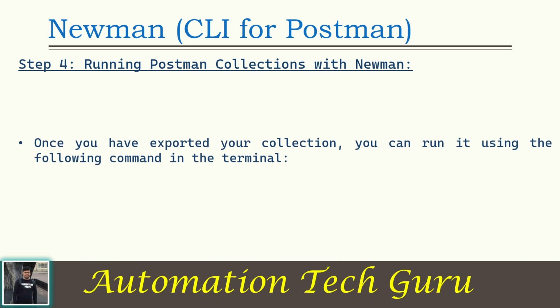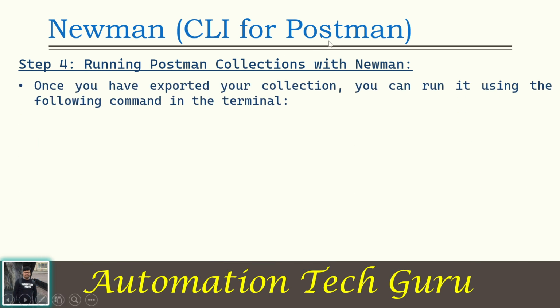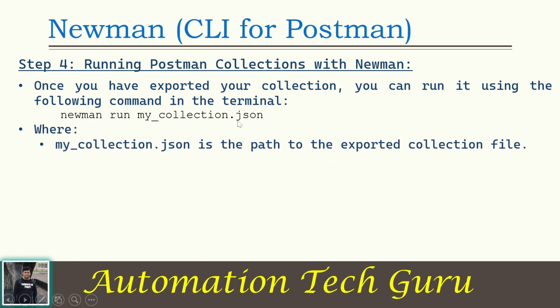Next is running a Postman collection with Newman. Once you have exported your collection, you can run it using the following command from the terminal: newman run mycollection.json, where mycollection.json is the path to the exported collection file. Wherever you saved your file, on your desktop or on your machine, you can just select that path.